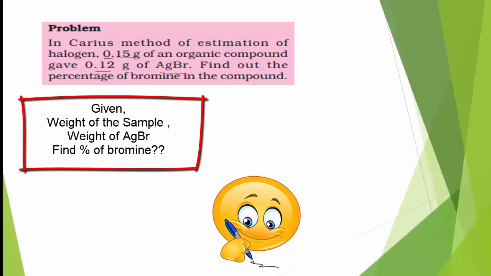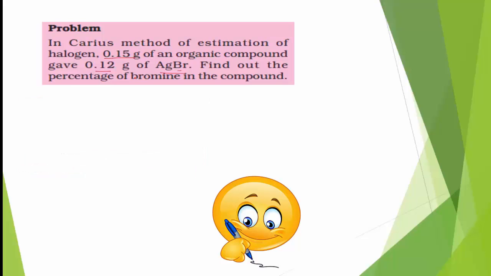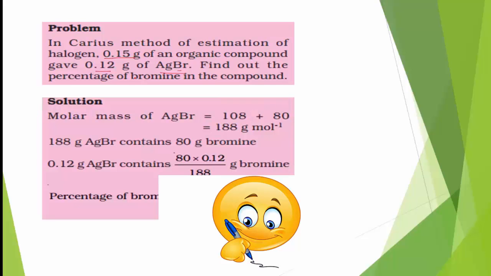Using the mole concept, find out how much bromine is in 0.12 gram of silver bromide. Once you get the amount of bromine, you can easily find the percentage. So try it for yourself. Let's see the solution.